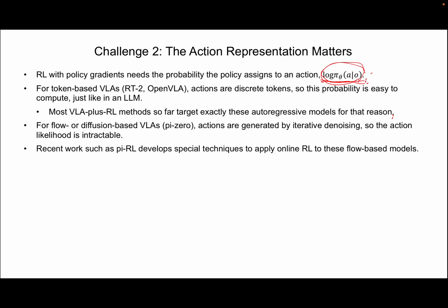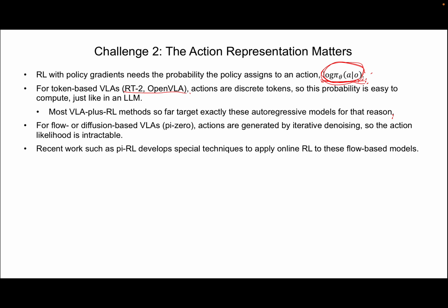There's nothing continuous, so it is easy to get the likelihood, because we do softmax on the output token and just use the numbers from the softmax.